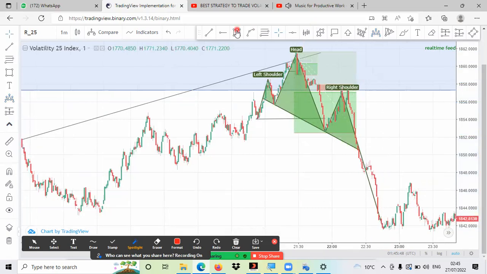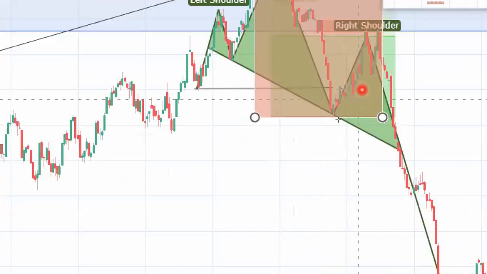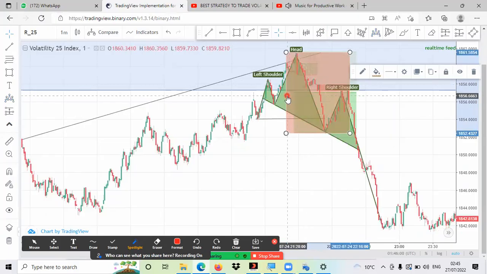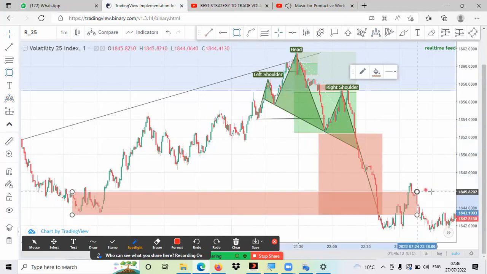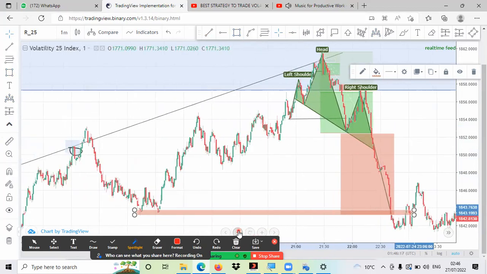So from this pattern, what can you learn? Here, the distance between the head and this particular area, what can we do about it? We take this distance to the downside. We wanted to target this area. That was quite simple.